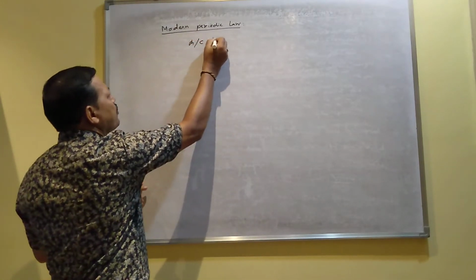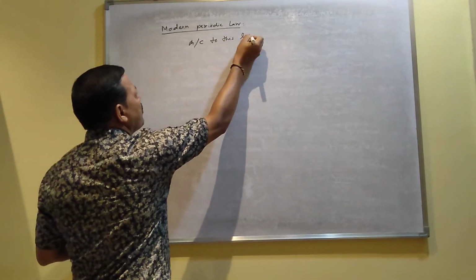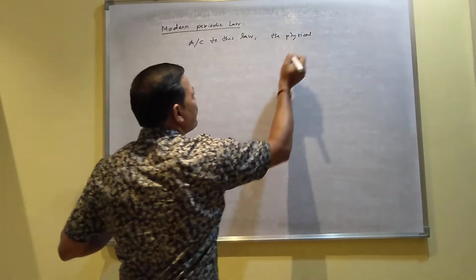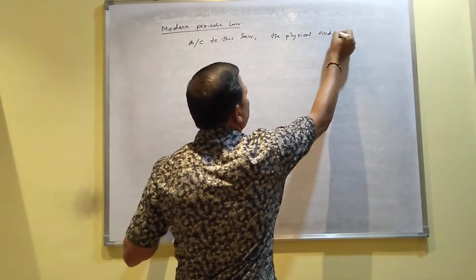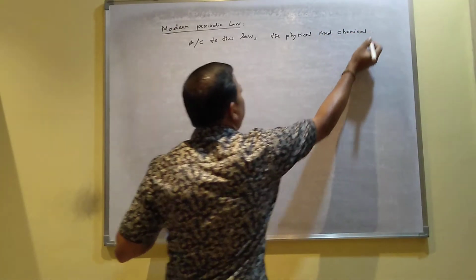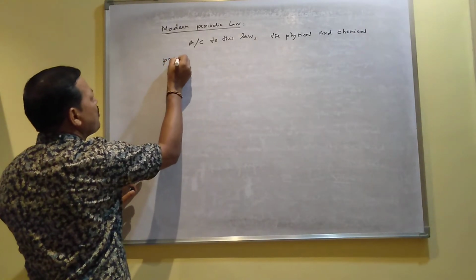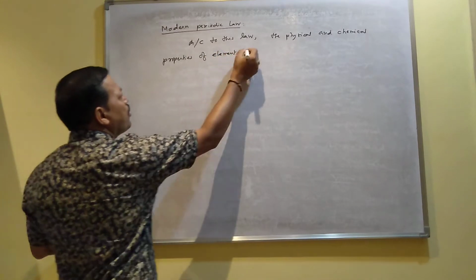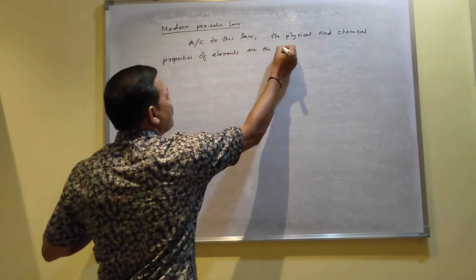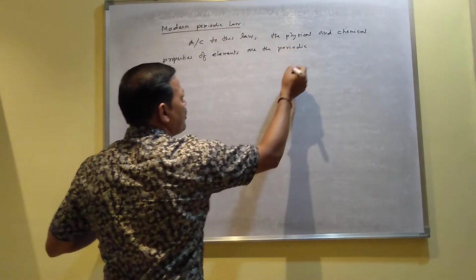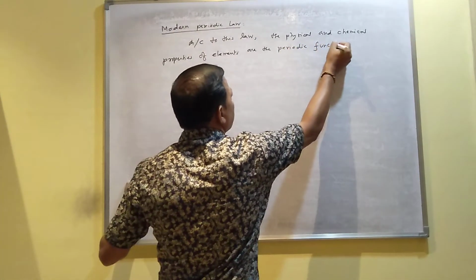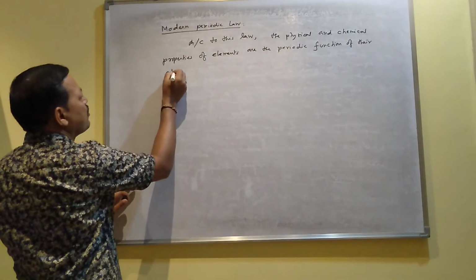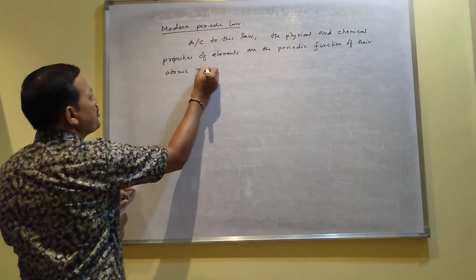According to this law, the physical and chemical properties of elements are the periodic function of their atomic numbers.